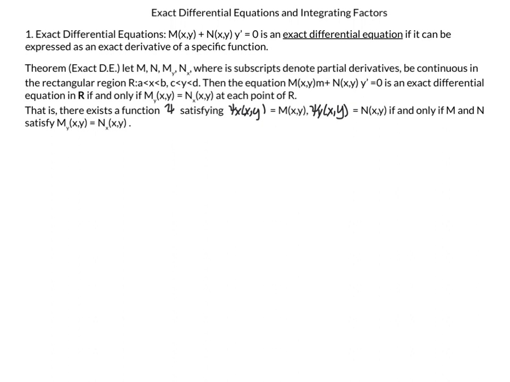Then the equation M(x,y) plus N(x,y) times y prime equal to 0 is an exact differential equation in R if and only if the partial derivative of M with respect to y is equal to the partial derivative of N with respect to x at each point in R. That is, to be an exact DE, there's a function psi that satisfies the partial derivative of psi with respect to x is equal to M(x,y), and the partial derivative of psi with respect to y is equal to N(x,y), if and only if M and N satisfy the condition of the theorem.